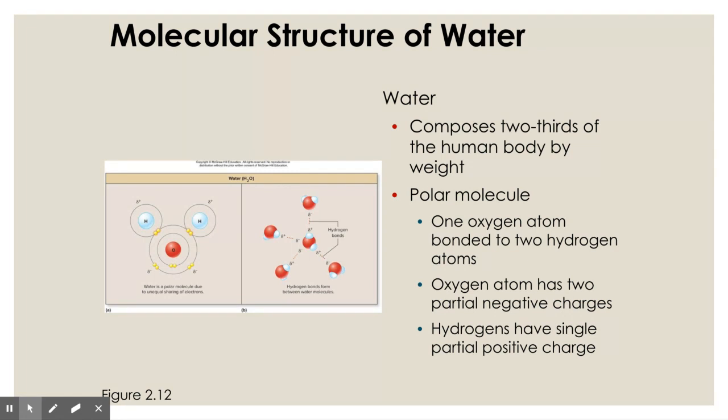We know that we've got a polar molecule because we've got one oxygen atom bonded to two hydrogen atoms. That oxygen is larger, it pulls the electrons towards it more than the hydrogens. So we have oxygen as the partially, slightly negative charged part of our molecule, and hydrogen as the slightly positive part of our molecule.